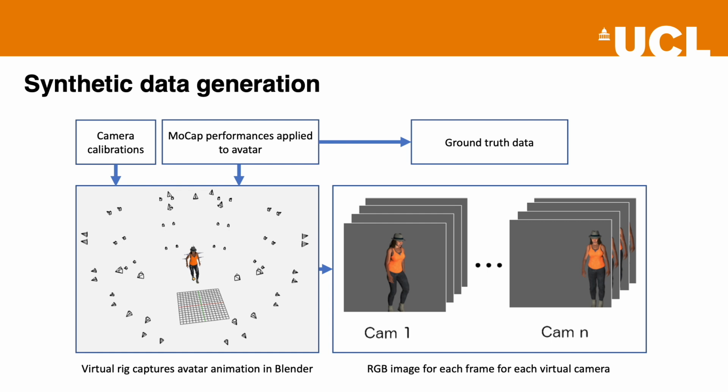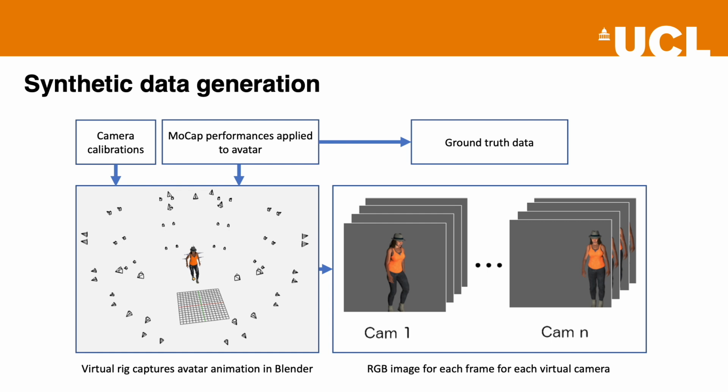And then we apply a motion capture performance to a rigged avatar and drive that avatar through several motions, like walking and stopping and running and such. And then we generate an output from that, which is very similar to the type of input that we would get to our system in the real world. So by that I mean we get a single RGB image for each frame from each camera for every camera in the rig.